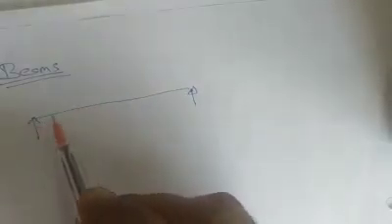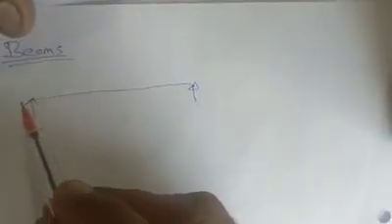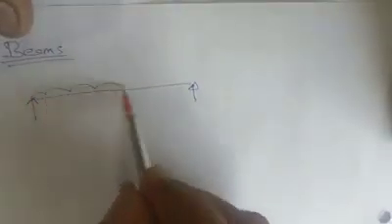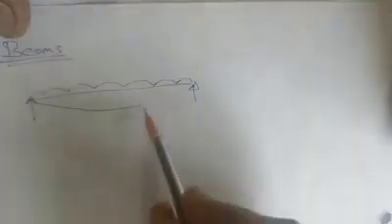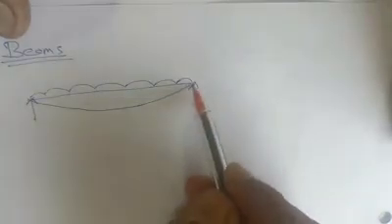In beams, we will be having shear force, bending moment and shear stress, all these things, but the predominant force in the beams is bending moment. For example, if the structure is subjected to some load, this is the deflected shape.